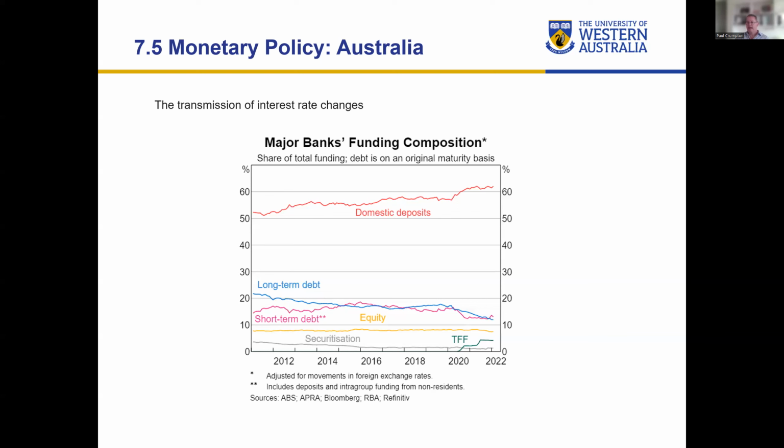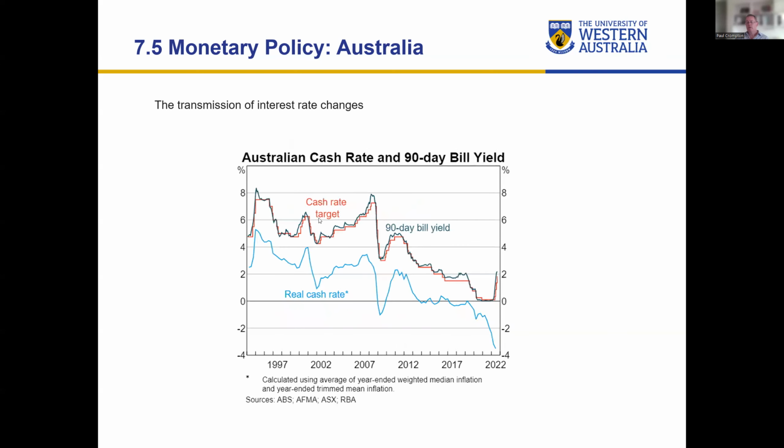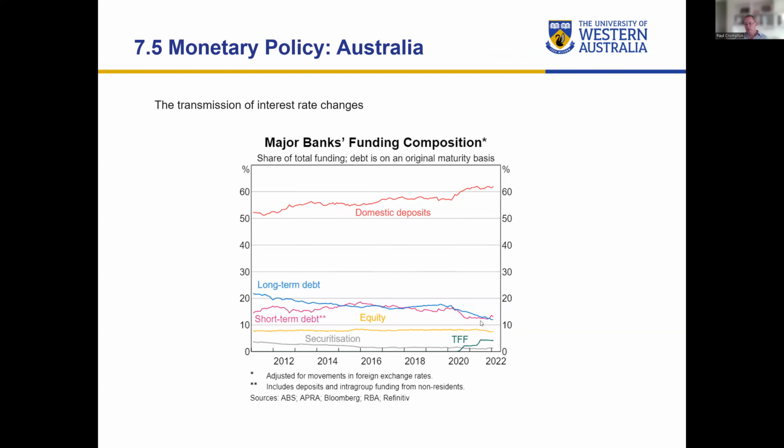So now we know what the cash rate is. We know that when the cash rate changes, it affects other short-term interest rates in wholesale money markets. And when those interest rates fall, we've got this sort of complex issue here of banks having multiple sources of funding, each of those sources of funding having different interest rates, the interest rates on each of those different sources of funding having a different degree of correlation with the cash rate.